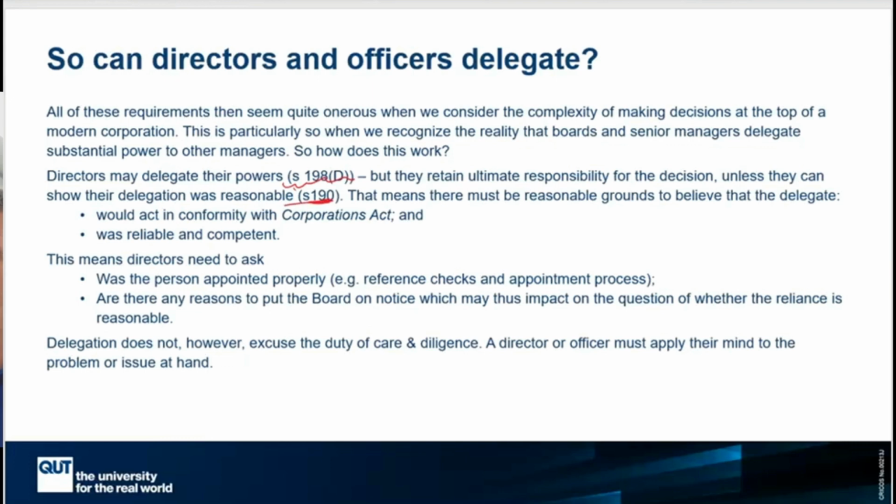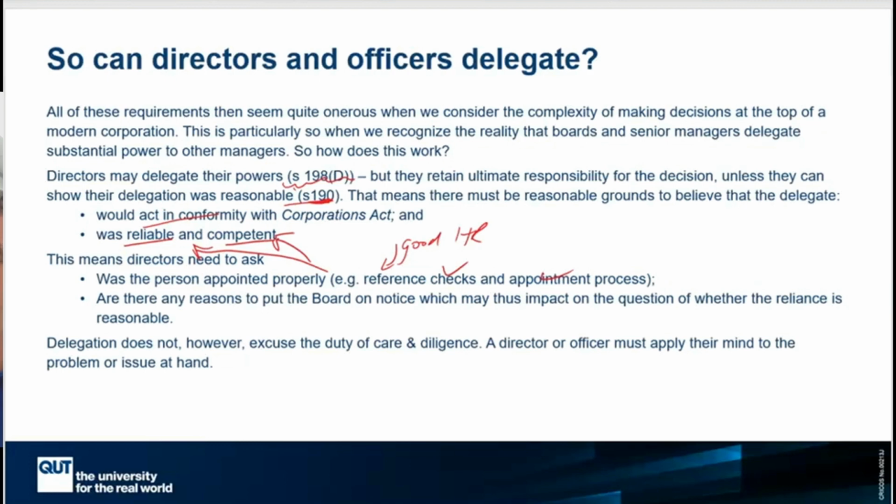You must reasonably believe that the delegate is going to act in accordance with the corporation, was reliable, and was competent. This means you really do need to do good HR, reference checks, appointment processes, right? Make sure the person you're appointing, you can justify your belief that they're reliable and that they're competent. If you can do that, well, we've got this part covered.